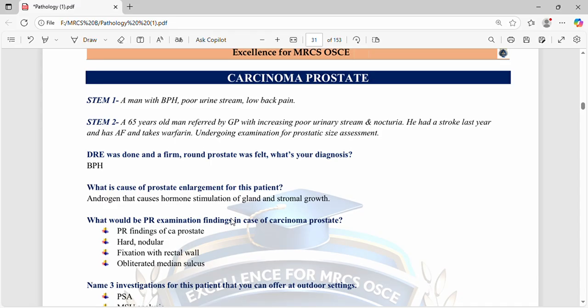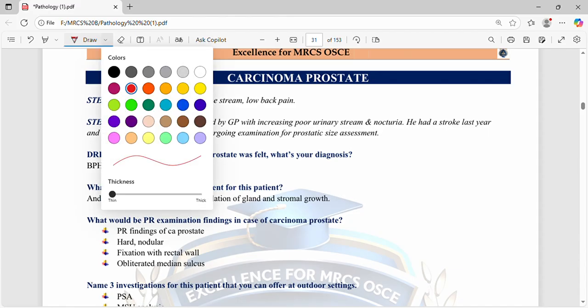What would be your per rectal examination finding in case of carcinoma? So per rectal findings of CA prostate are hard, nodular, fixation with the rectal wall, obliterated median sulcus.